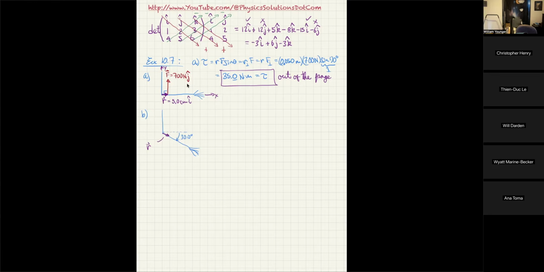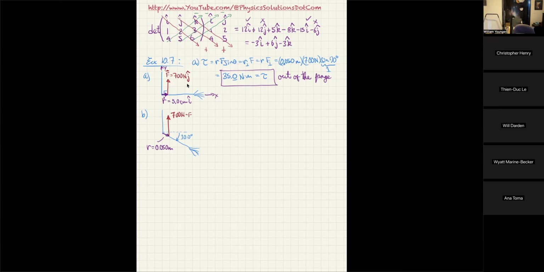I'll leave the vector off of this because I'm just writing the magnitude. So R is equal to 0.050 meters. And then I have, in addition to that, the force F, which is 700 newtons.